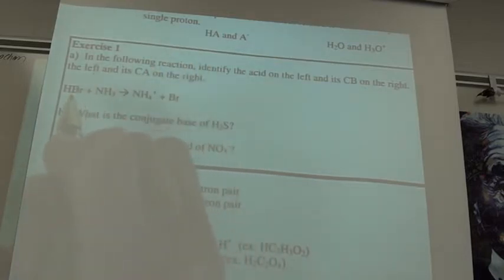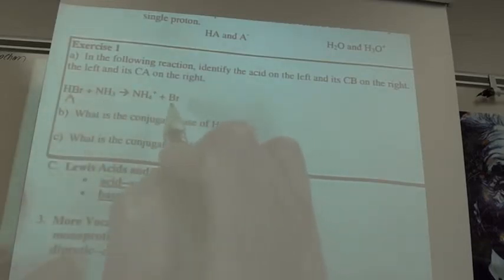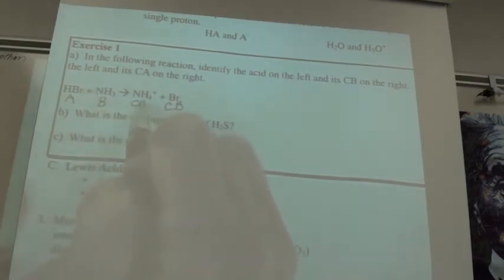It lost or donated a proton, so this makes it the acid, and what's left over is the conjugate, and it's the opposite of the acid, so it's the base. NH3 compared to NH4 plus, it seems to have gained a proton. This makes it the base, and this the conjugate acid.